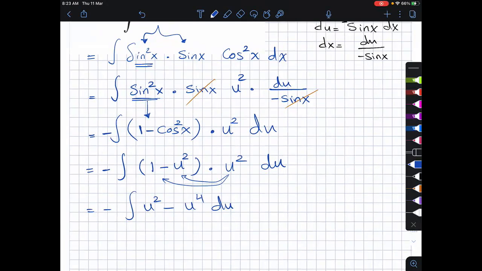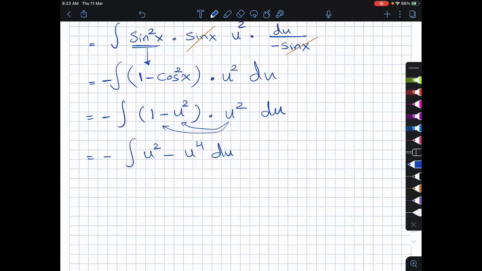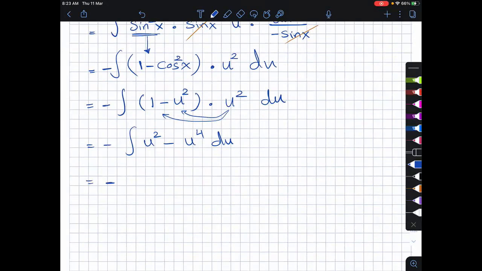Integrate normally. Negative integral of u squared minus u to the power 4, which is negative, u to the power 3 over 3 minus u to the power 5 over 5, plus c.